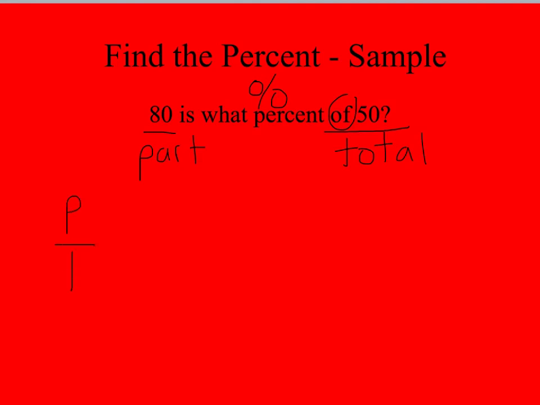Part over total, 80 over 50. And this will give me my decimal, 80 divided by 50. And if I do that division in my calculator, I'll put 80 divided by 50, and I get the decimal 1.6.